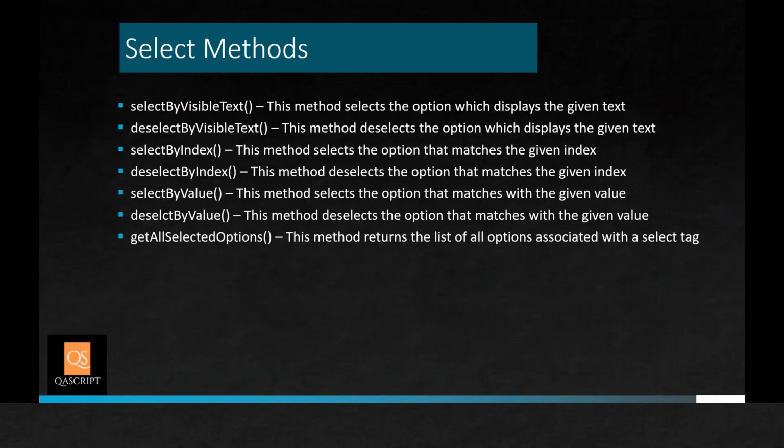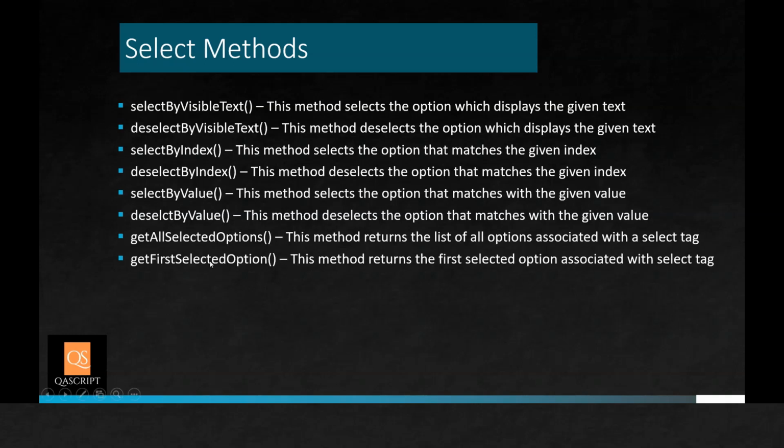Similarly, you have a method called get all selected options. Every select drop down has options, and if you want to see which options are selected in that drop down, you can use get all selected options, which will return all the options which are already selected.